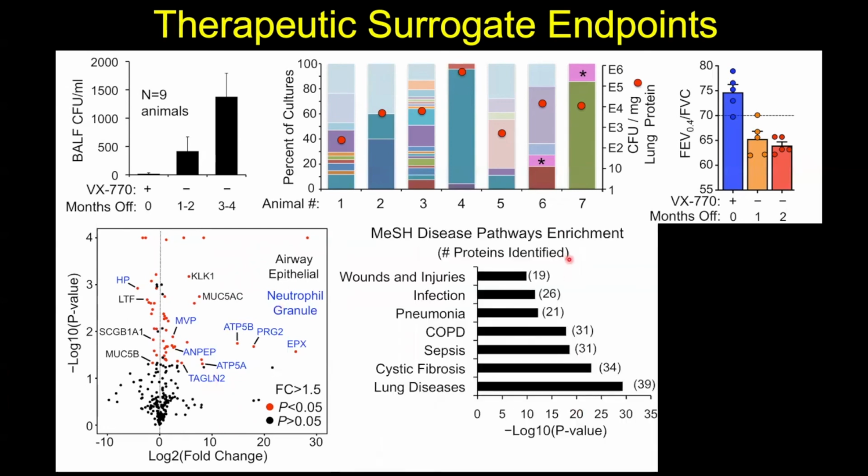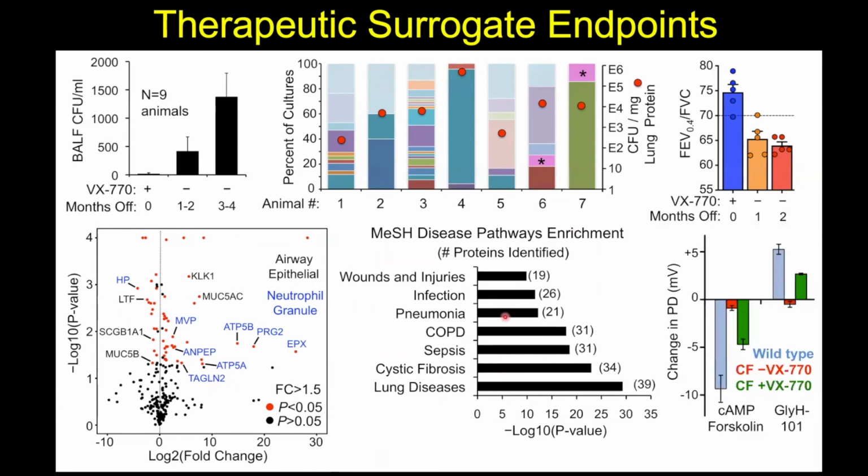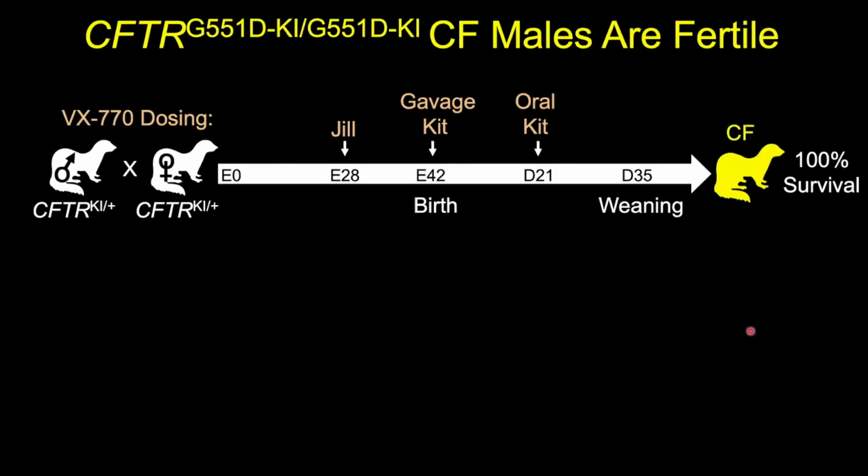Disease endpoints include lung disease, cystic fibrosis, things associated with infection and pneumonia. And again, PD have shown favorable functional changes in matched animals removed from VX770 and then placed on VX770 for second measurements.